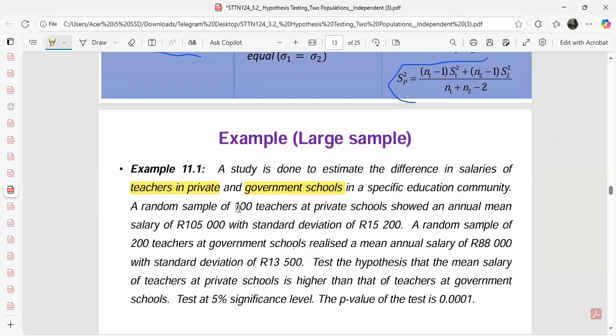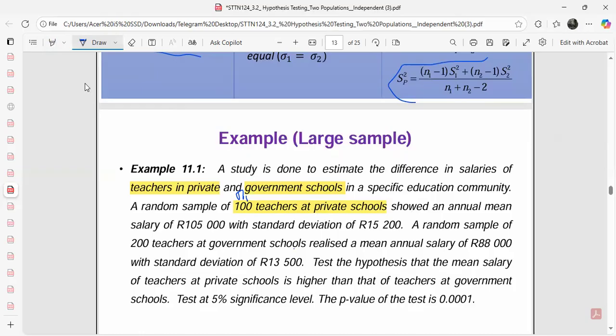A random sample of 100 teachers at private schools. So we have a population of teachers at private schools, which we call population 1, and a population of teachers at government schools, population 2. So the 100 will be n1.